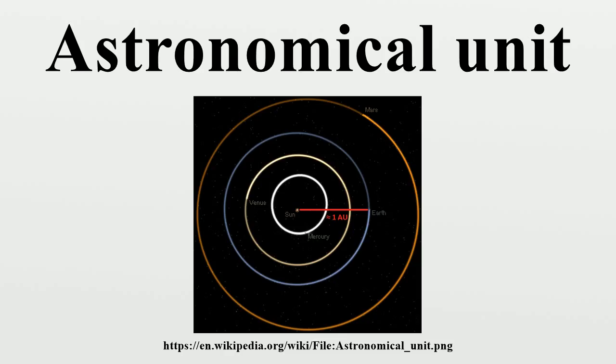By 2009, the IAU had updated its standard measures to reflect improvements, and calculated the speed of light at 173.1446326847 astronomical units per day.